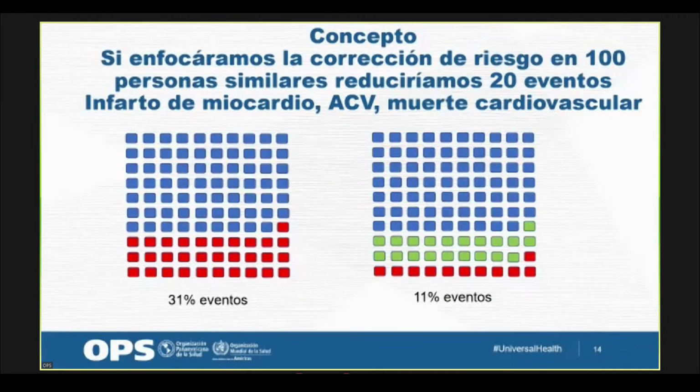So this is a calculation which is relatively simple. From the conceptual standpoint, when we talk about 31% of risk, I think it is important to understand that if we focus on the correction of risk in 100 people, we would have at least 20 events, just like we would have here in red in the left-hand side.